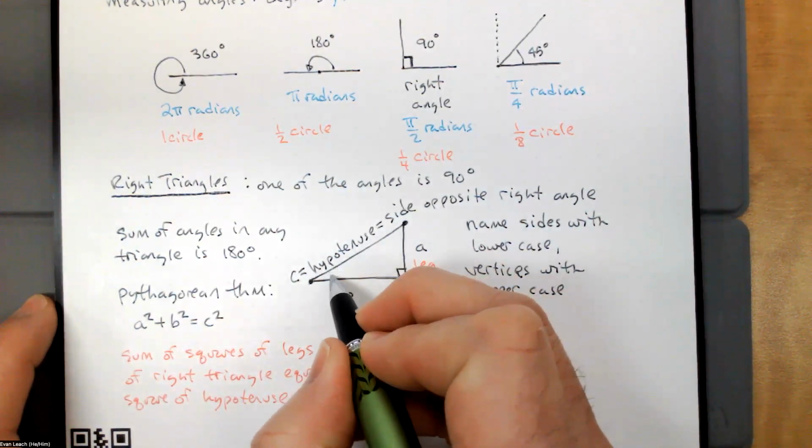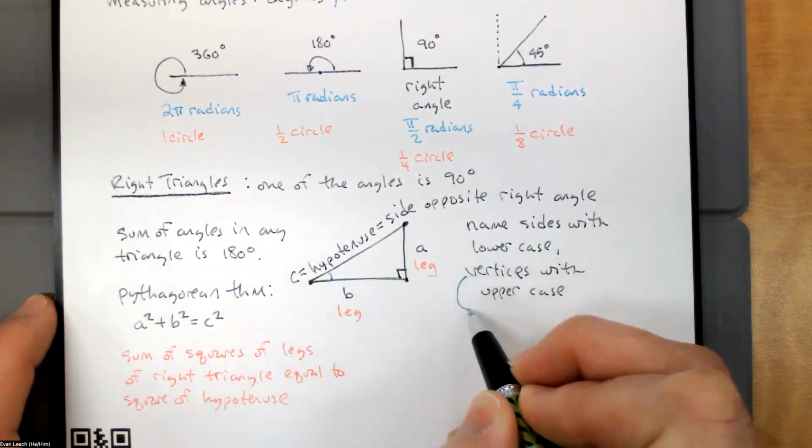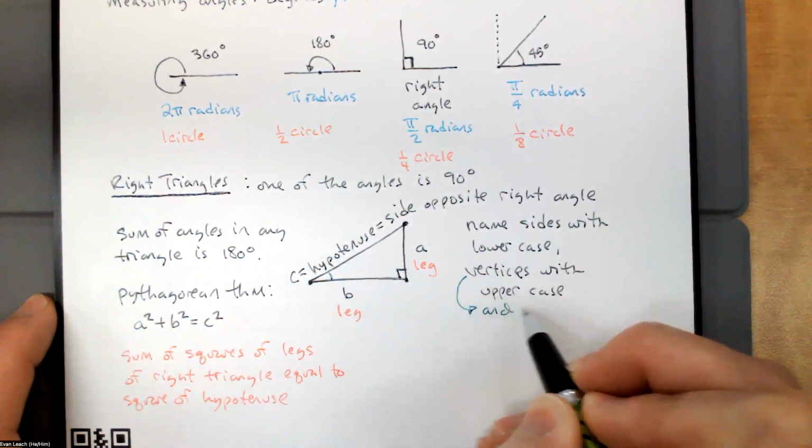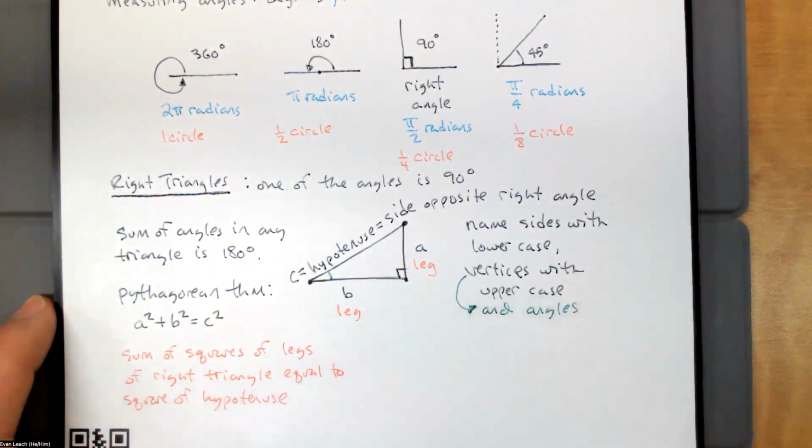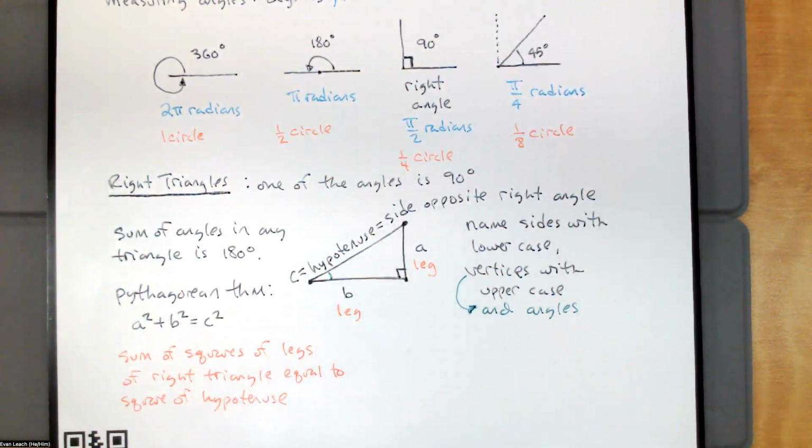The vertex and thus the angle opposite side A will be angle A. I really hate that it's the same thing. It's capital though, right? So it's different.